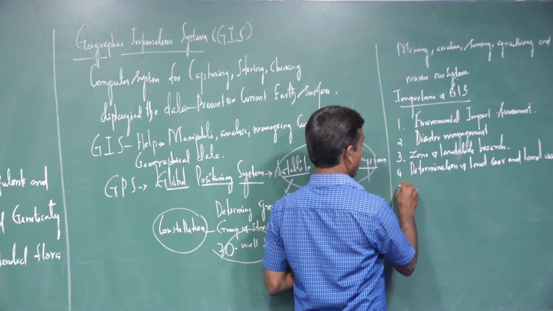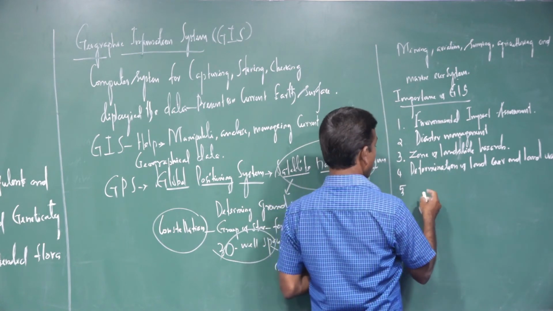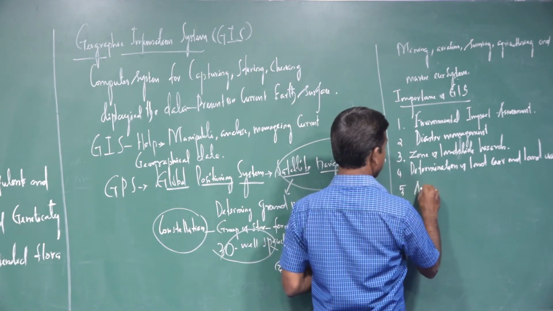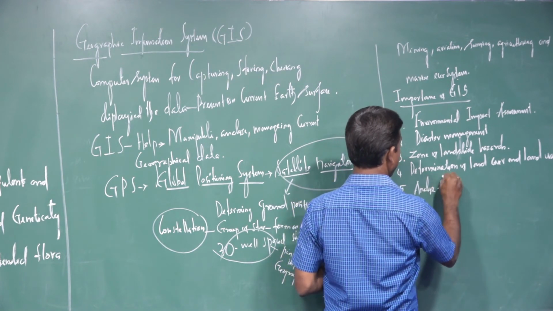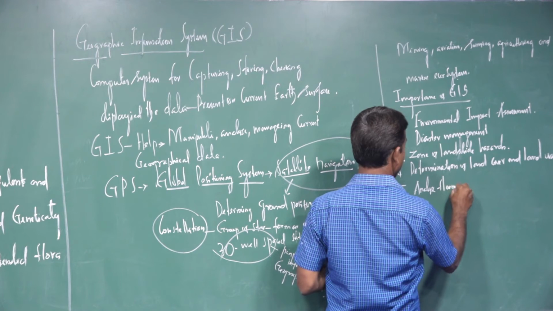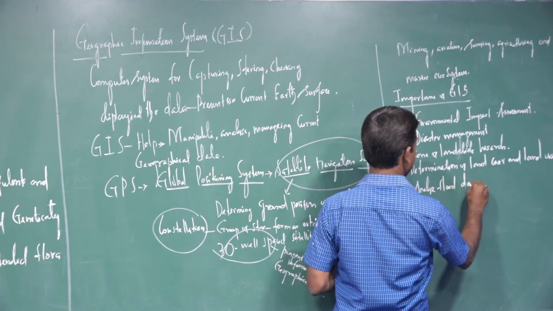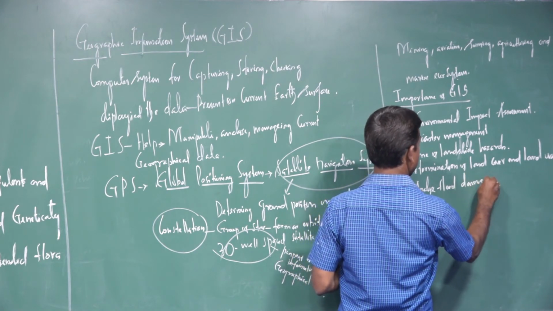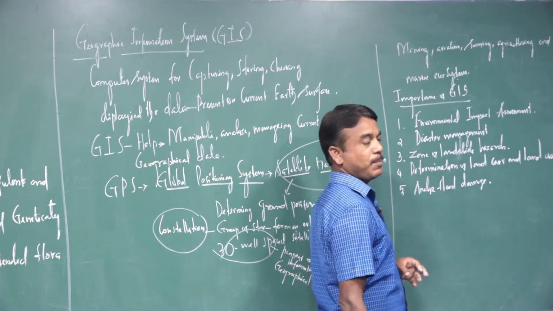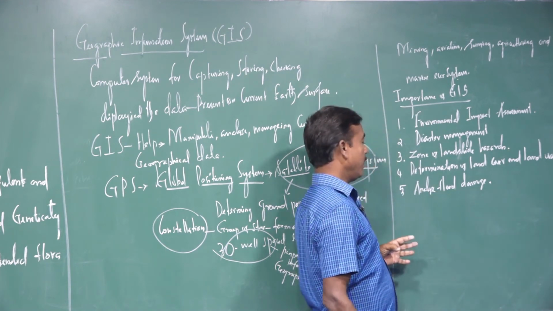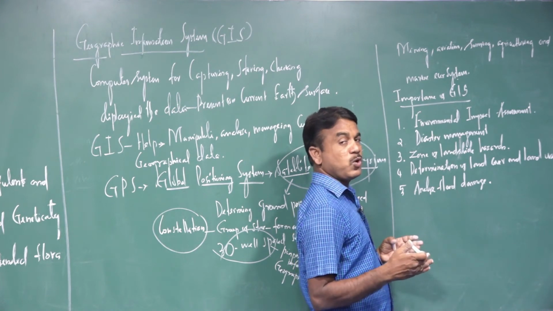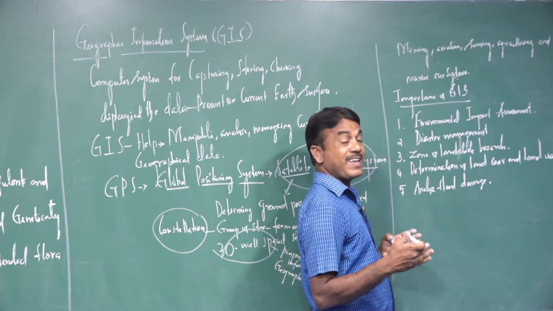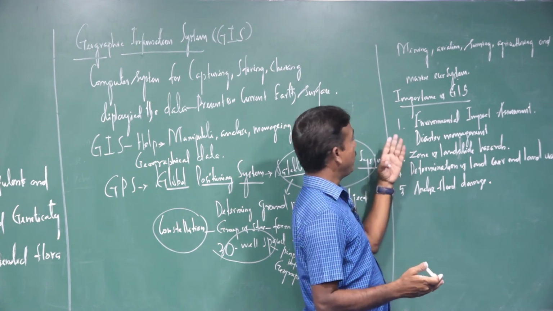Fifth one, analyze flood management or flood damage. Some place experiences a heavy flood. Where can it take place? How many people might die? Where does it occur? How to determine it with the help of GIS.